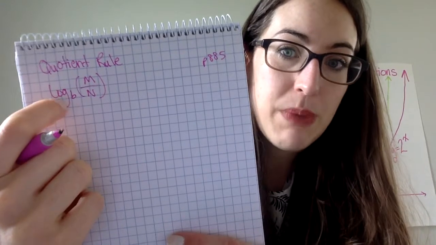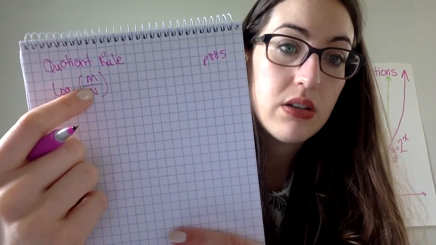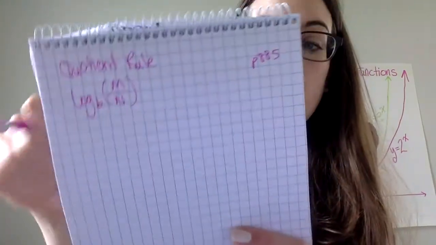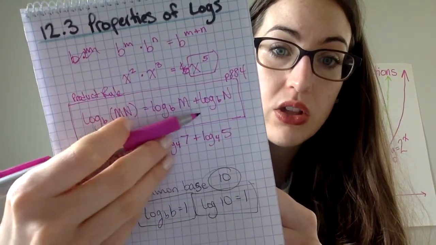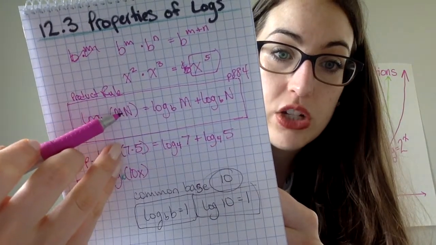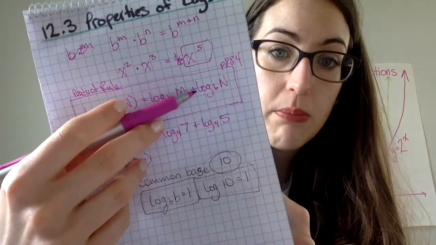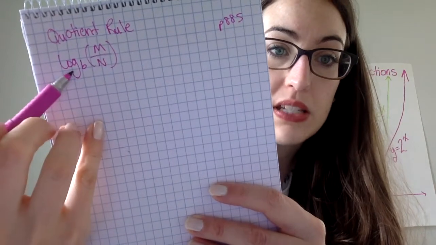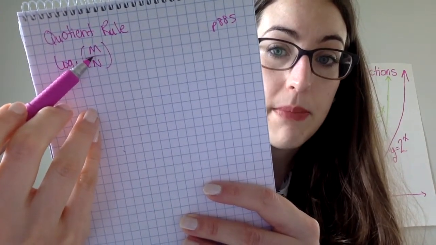When we expand this log, you keep the same base, and that quotient line turns into a subtraction sign. Just like back here, that invisible multiplication sign, when we expanded the logs onto each of those numbers, turned into a plus sign. So now, we're going to expand the logs, write them twice, same base. That quotient line turns into a minus sign.